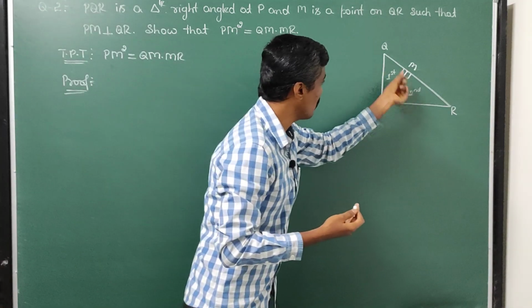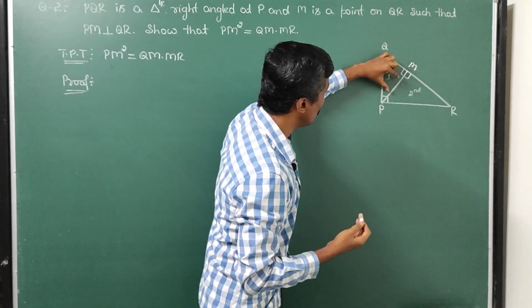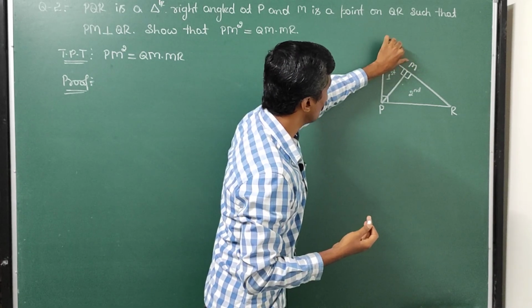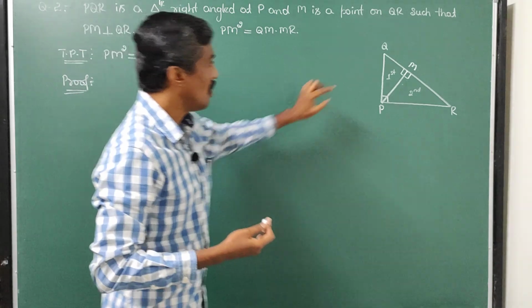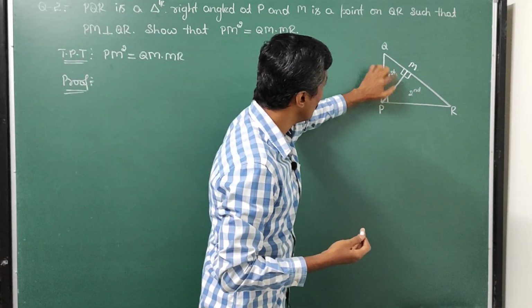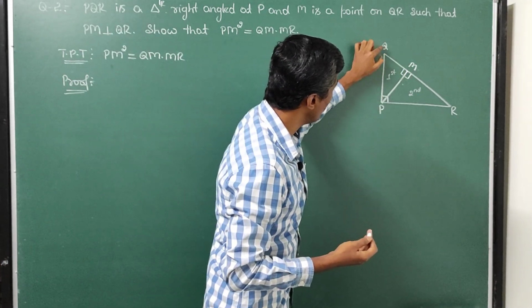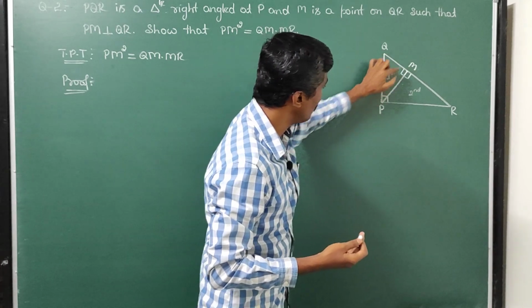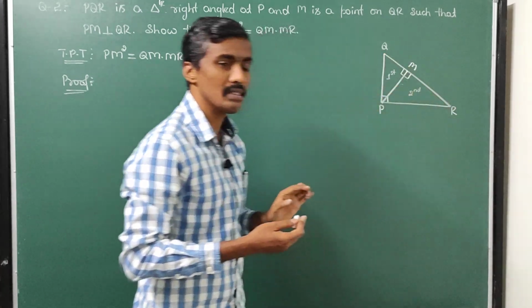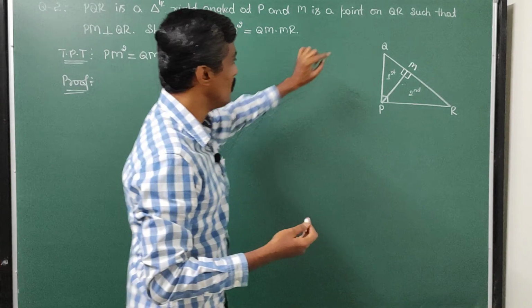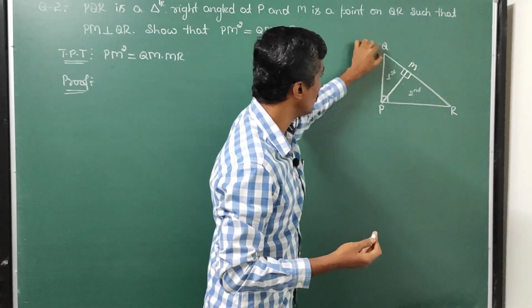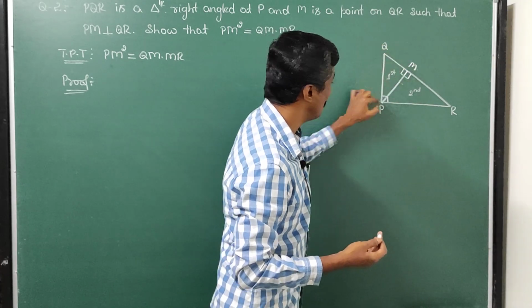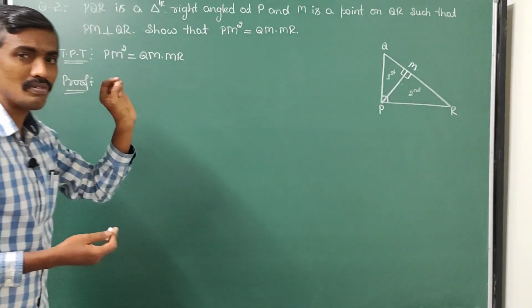By applying that, we can prove that PM square is equal to QM into MR. But we cannot directly prove that triangles QMP and PMR are similar. So for that we first take triangle QPR and the first triangle QMP. Okay, so I'll start from that.